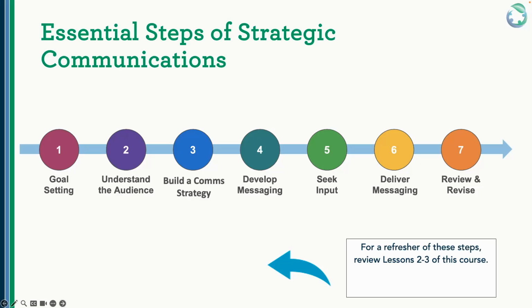These are not simply boxes to check off before moving on to message delivery. Rather, they lay the groundwork for what we're calling partnering with rural communities to disseminate public health messaging. Ultimately, our goal is to reframe our role from delivering information to rural communities to delivering information with rural communities.